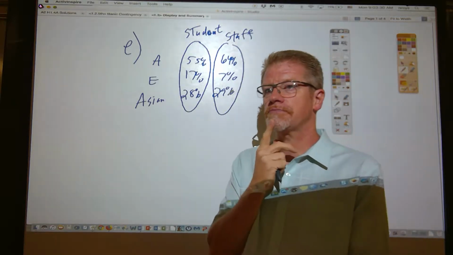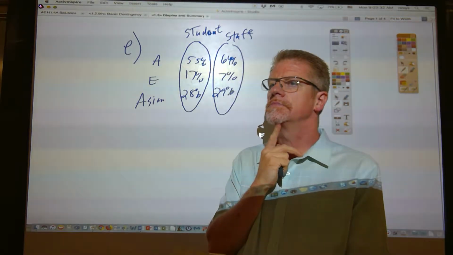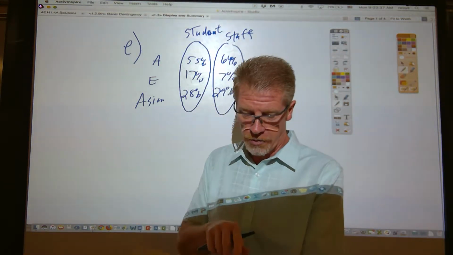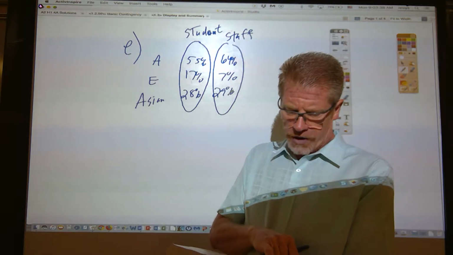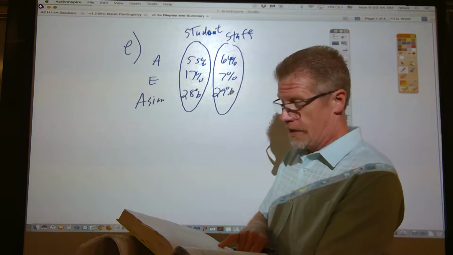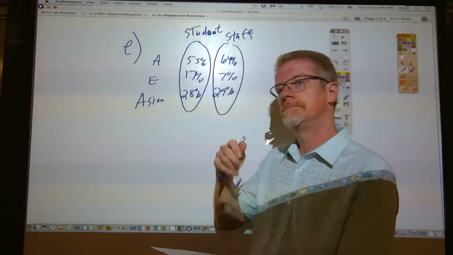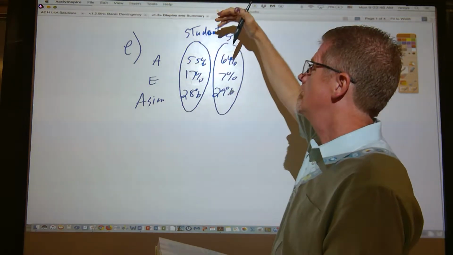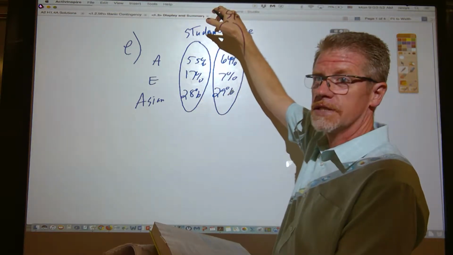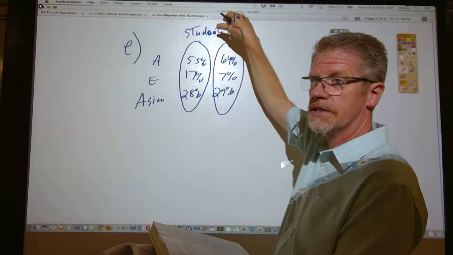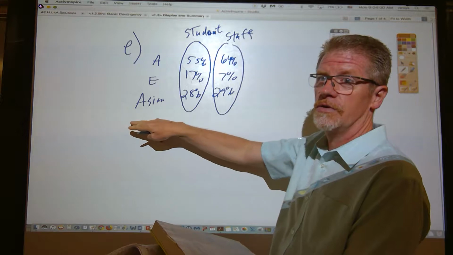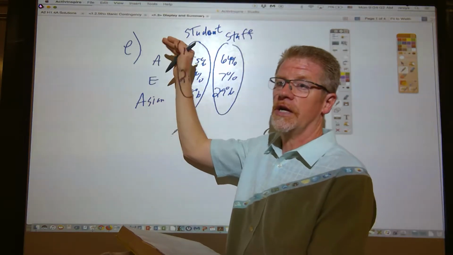Yes, go ahead. So if the question wanted the other way, how would it have been worded? Yeah, they would have said, what are the conditional distributions of driver by country of origin? What's the distribution of driver, basically distributing to student and staff, by country of origin, which means for each category of country of origin.